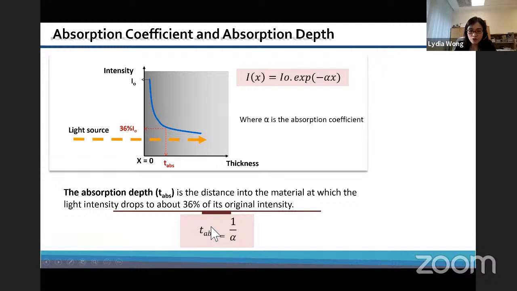The thickness of your solar cell is inversely proportional to the absorption coefficient, which means if your absorption coefficient is high, the thickness of your solar cell will be less. You need to use less material if the absorption coefficient is high. Okay, so this is another design parameter in solar cells.